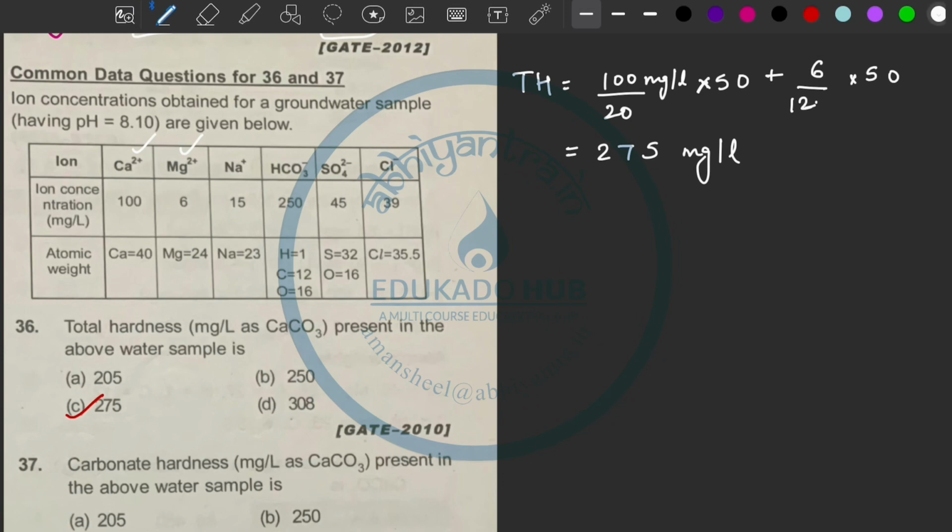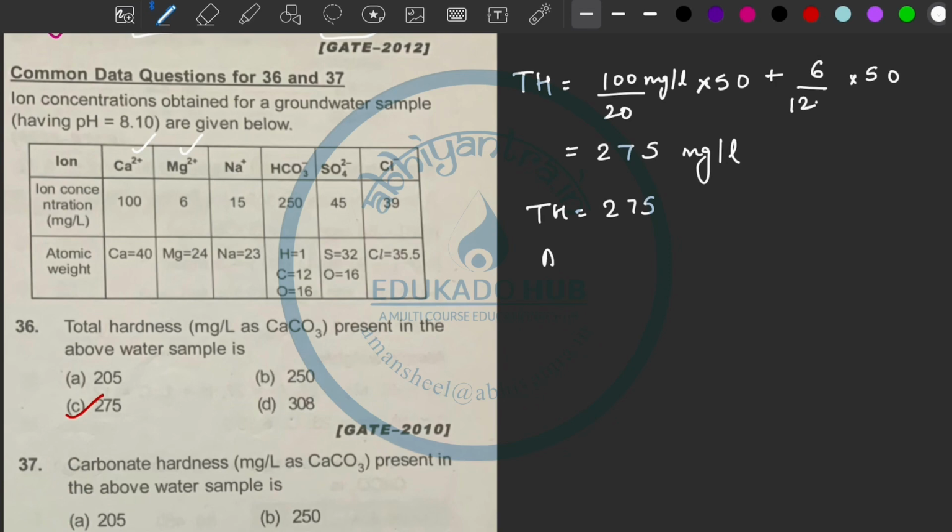Okay, let's move on. Next, question 37, carbonate hardness. Total hardness is 275. Now let's first calculate the alkalinity.